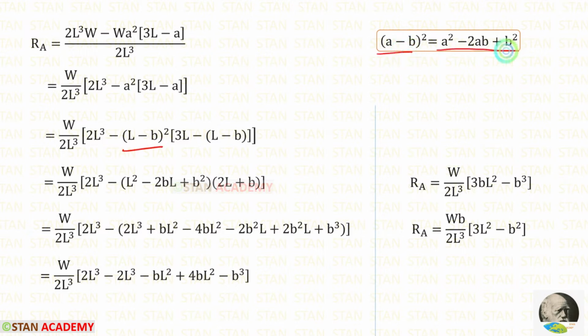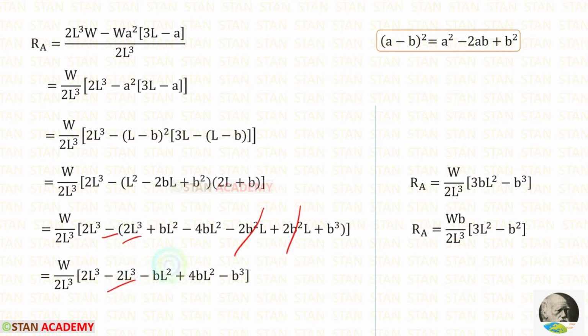Here, we can use the formula A minus B the whole square: A square minus 2AB plus B square. Here A is L and B is B. Using the formula, we will get this. Then we can multiply these two terms. When we do that, we will get this. We can eliminate these two terms. Then we can take a negative sign inside the bracket.